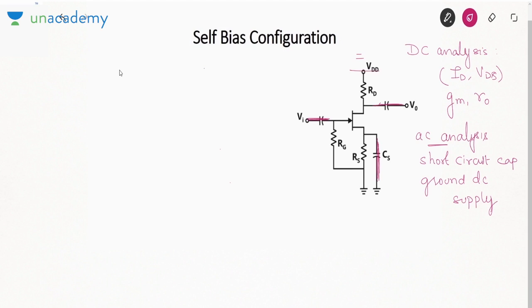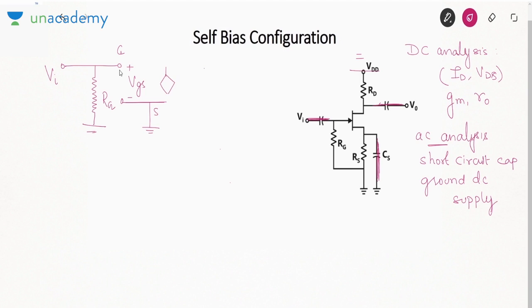And this voltage will be grounded. Now see, between VI and ground there is a resistance RG. This is RG. VI is connected to the gate terminal. Between gate and source we have voltage VGS. Now due to this CS, the source terminal is grounded.